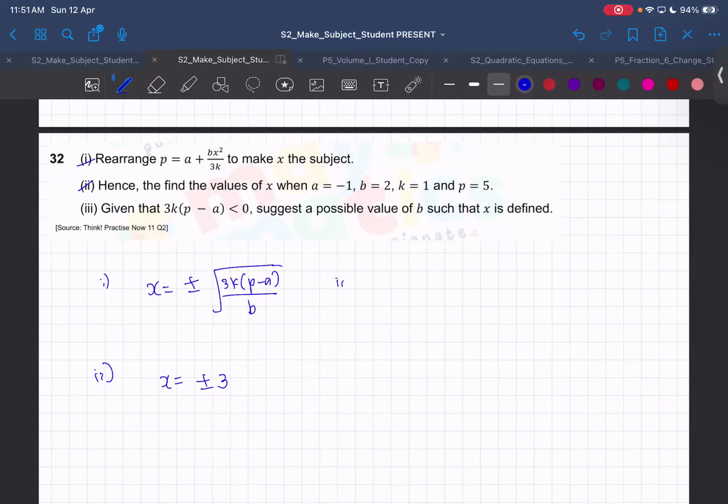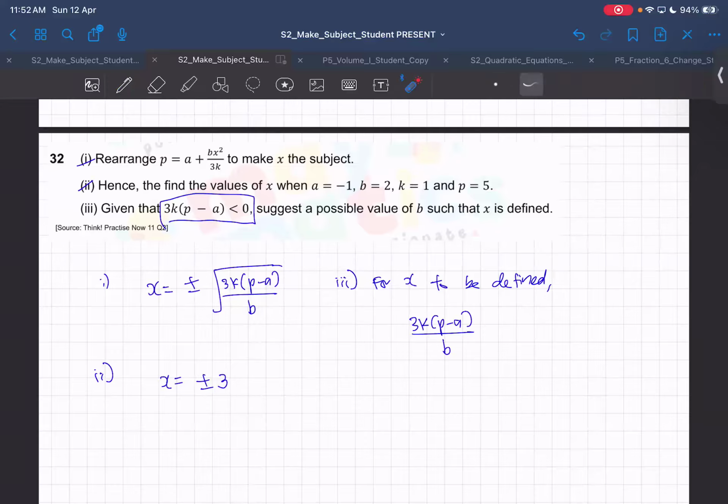Yeah, so now we look at part 3. This is the condition: given that 3k(p minus a) is less than 0, suggest a possible value of b such that x is defined. So again, we write for x to be defined. This is the inside of the square root, right?